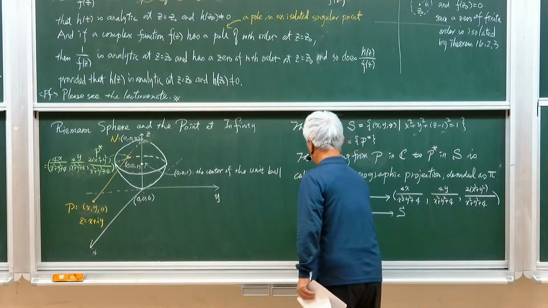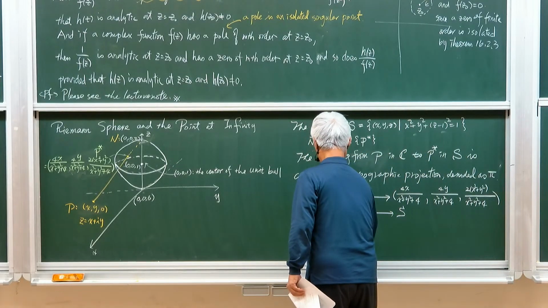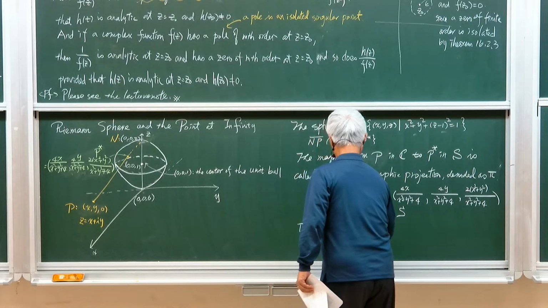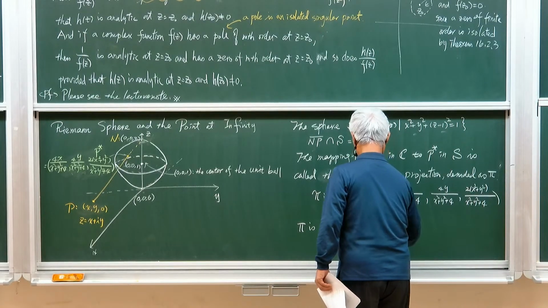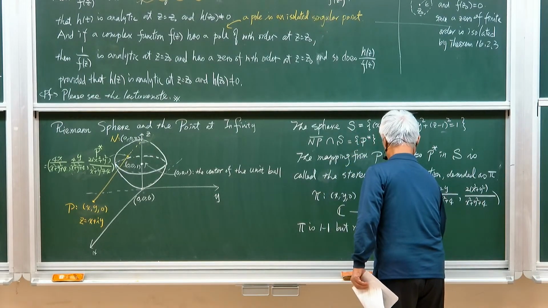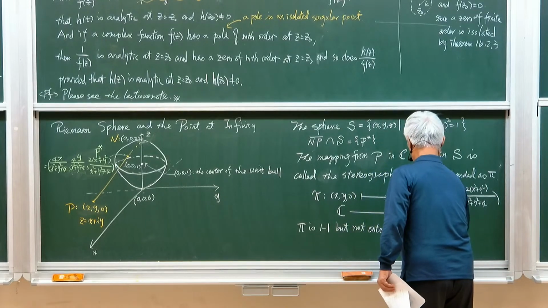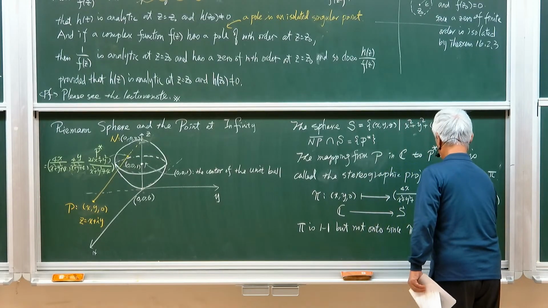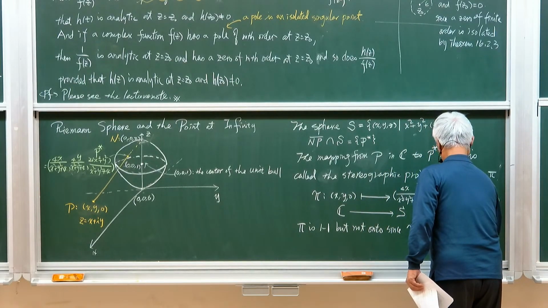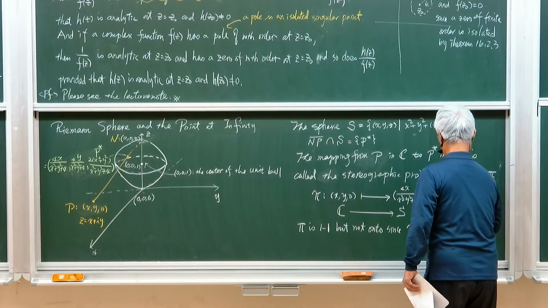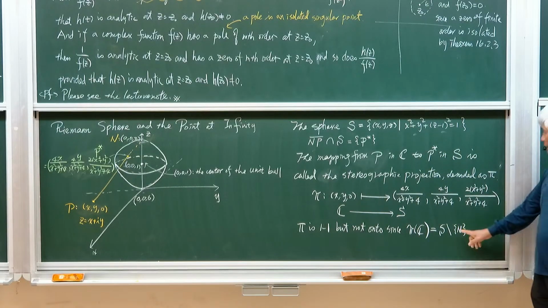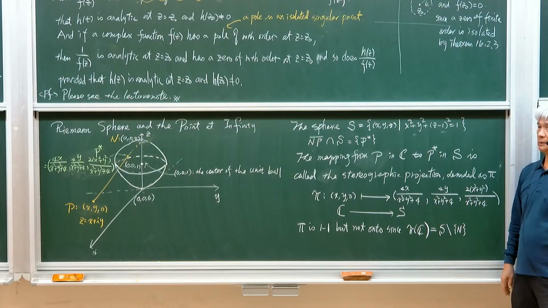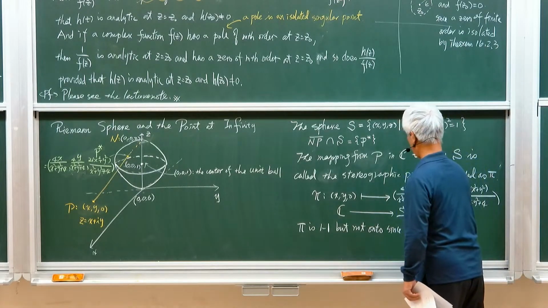And we know pi is 1-to-1, but not onto, since pi of the plane is equal to the sphere without the North Pole.